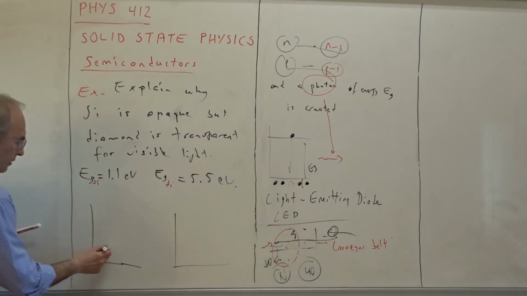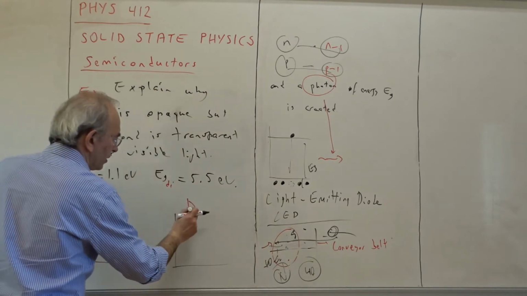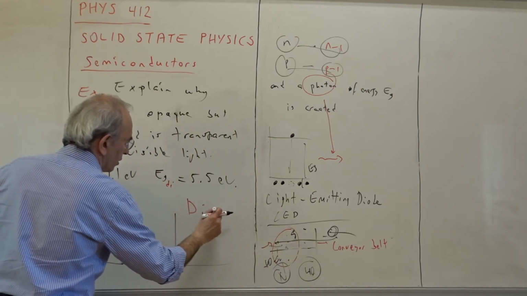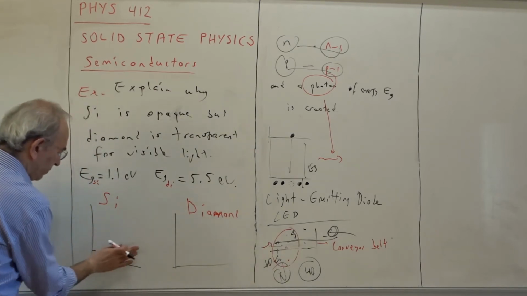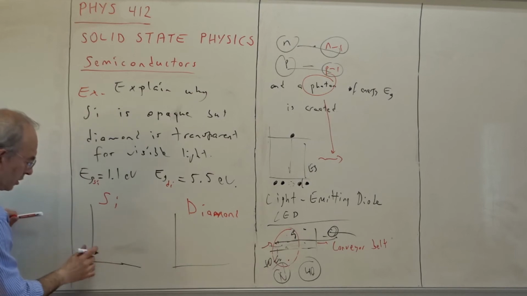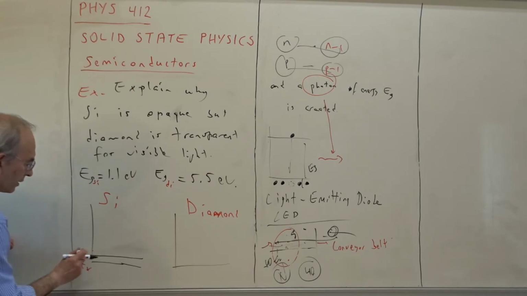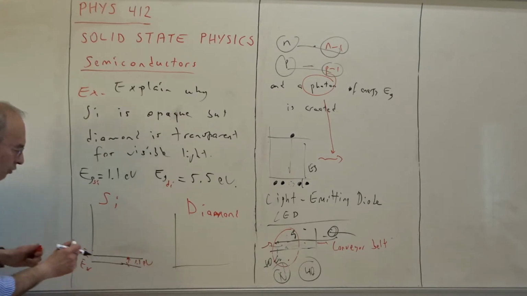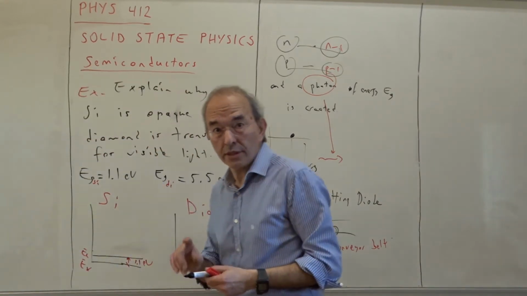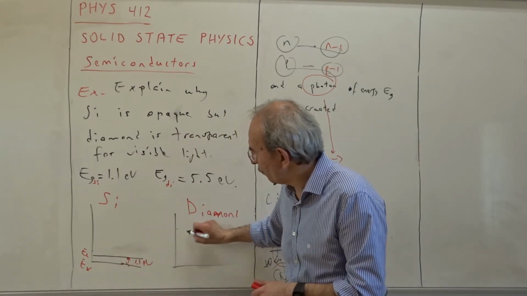Now 1.1, this is the case for silicon, that is the case for diamond. If this much corresponds to valence band and conduction band edge, so this difference is just 1.1 electron volt, 5 times larger gap, so this is 1, 2, 3, 4, 5 times larger.